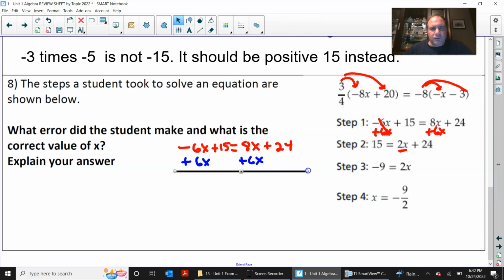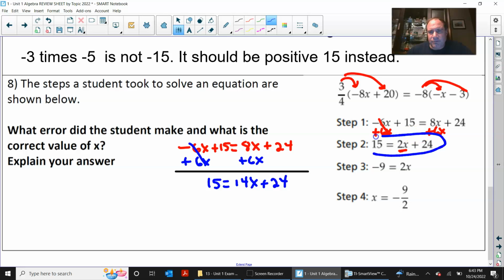So the 6x's cancel out, and you're supposed to have 15x equals 14x plus 24. And obviously in step 2, he does not have that.